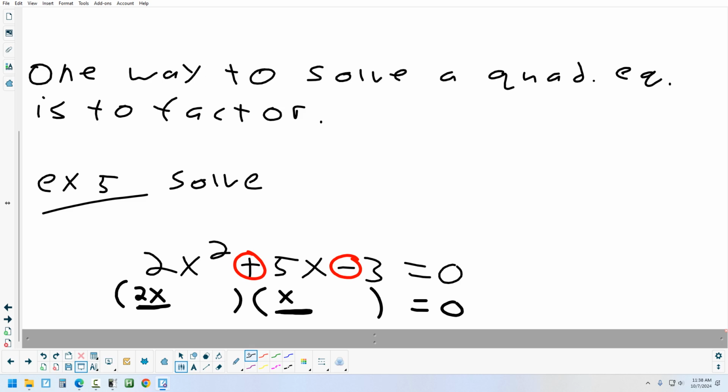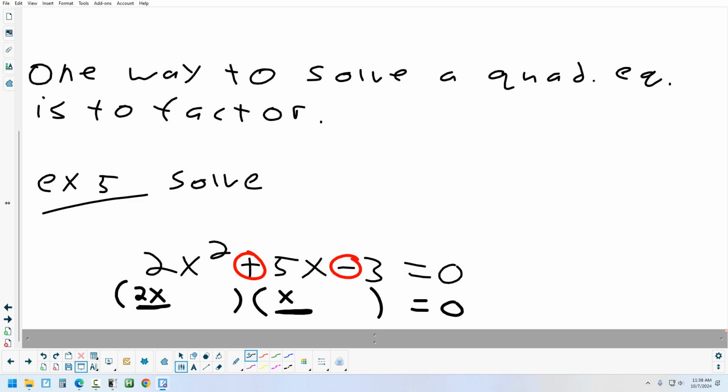You have a positive in the middle, and you have a negative for your constant. What does that mean you need when you factor? One positive, one negative.